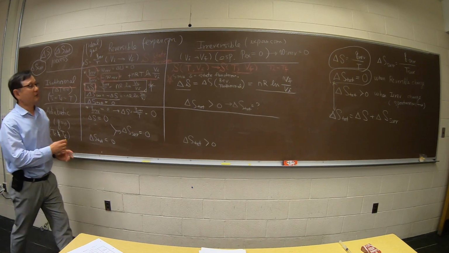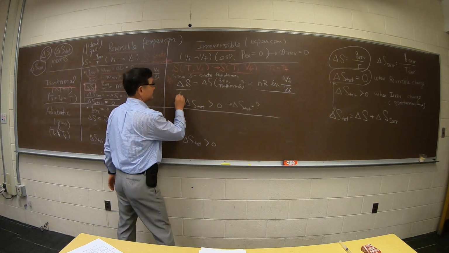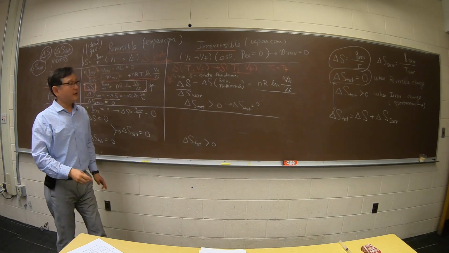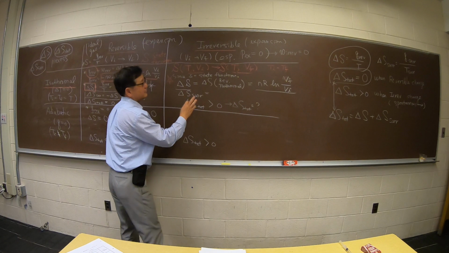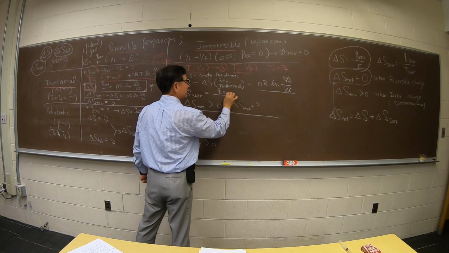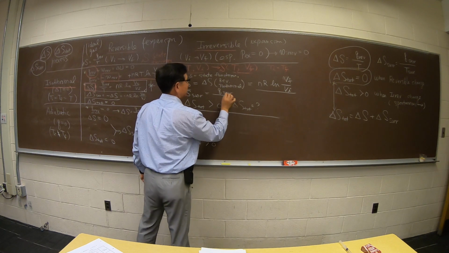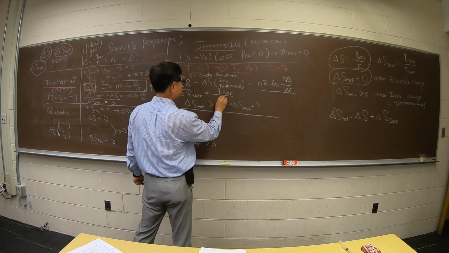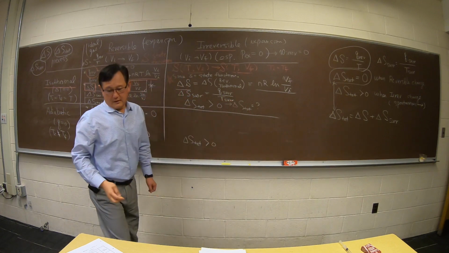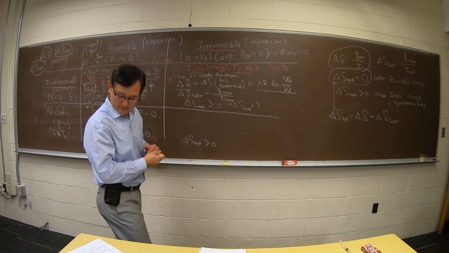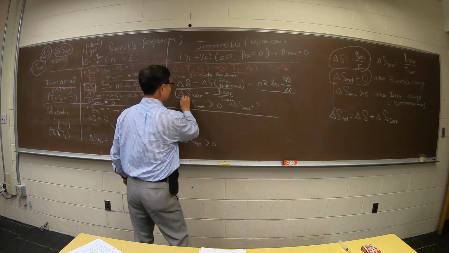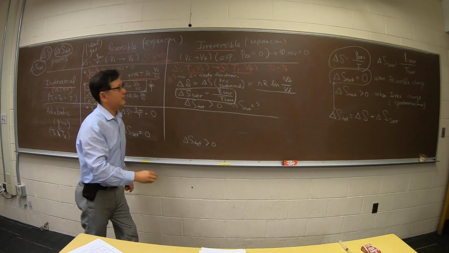Okay, so what's then the delta S surrounding? This is a little tricky. Delta S surrounding, which is isothermal, is Q surrounding over T surrounding. This one can actually be used.